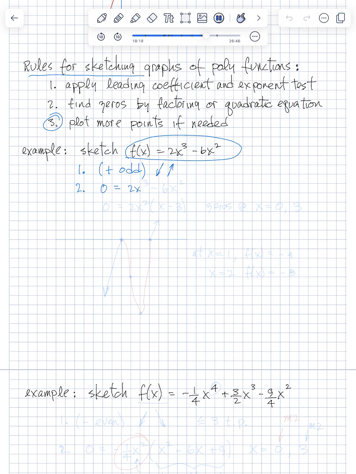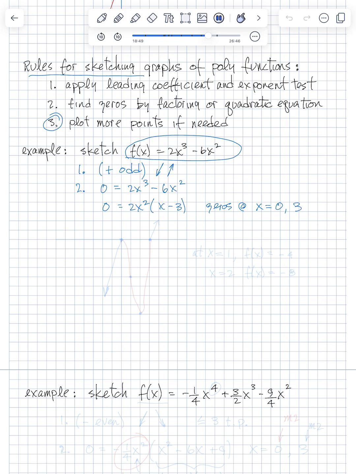That's 2x cubed minus 6x squared. So I'm going to factor a 2x squared out of it, 2x squared times x minus 3. So you know the zeros, this is equal to 0, are at x equals 0 and x equals 3.